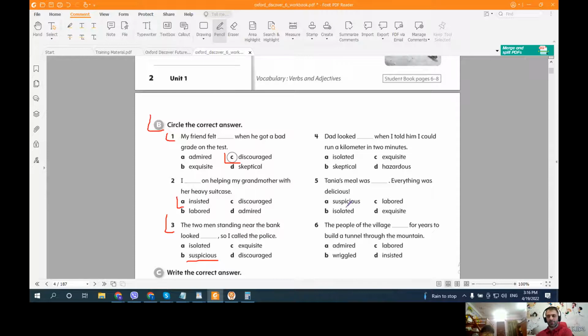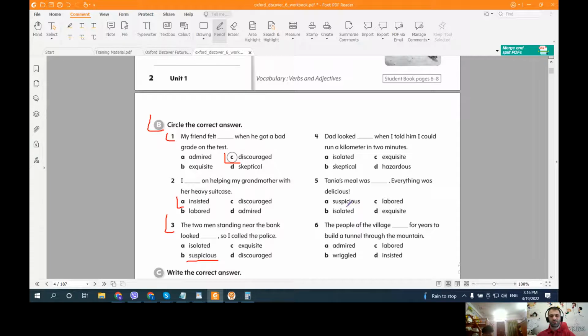Okay, the word is skeptical. For example, skeptical means when someone believes that another person cannot do something. So that looks skeptical. He cannot run a kilometer in 2 minutes. Okay, so what do you think? Is it possible to run a kilometer in 2 minutes?